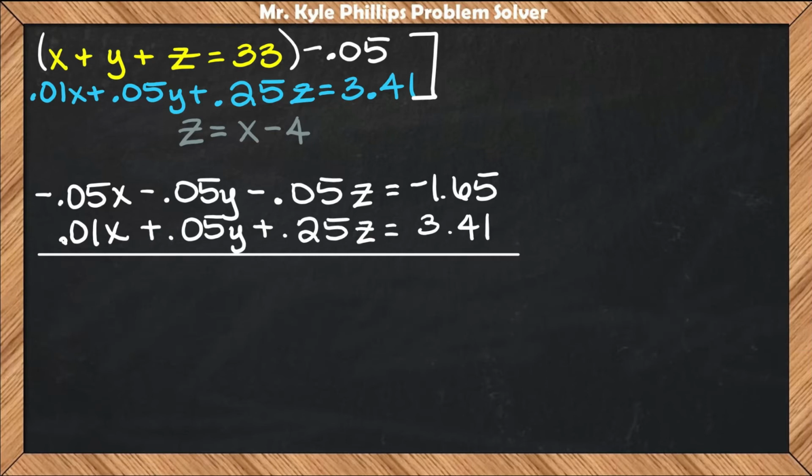So now my y's cancel, and I'm left with negative 0.05 plus 0.01. So this is negative 0.04x plus 0.2z equals negative 1.65 plus 3.41 is going to be 1.76.